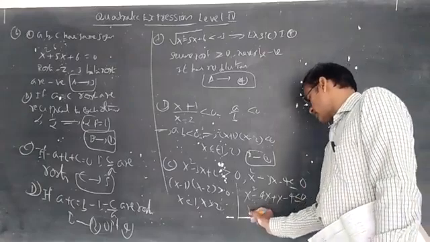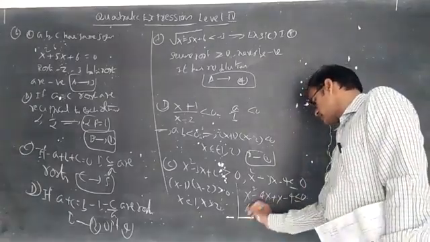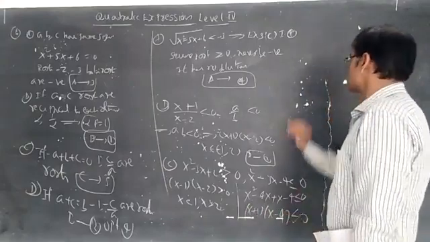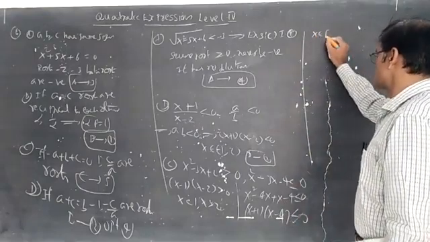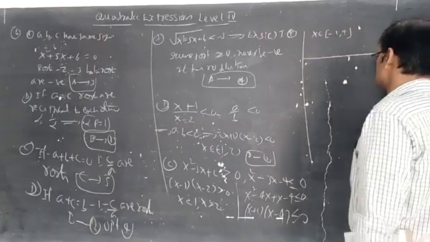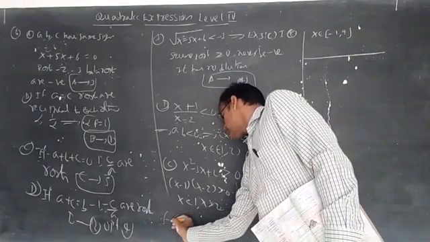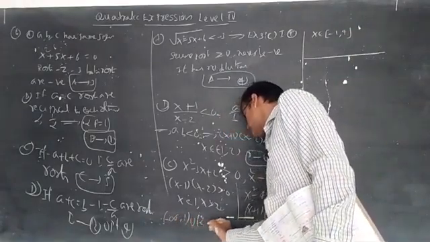So x taken common, x minus 4 plus 1. So (x plus 1) into (x minus 4) less than or equal to 0. So x belongs to closed interval minus 1 comma 4. Let us discuss the common domain. Here it is minus infinity comma 1 union 2 comma infinity.